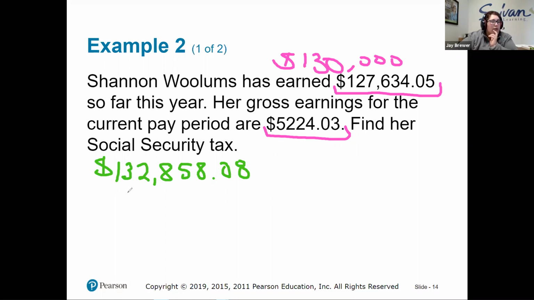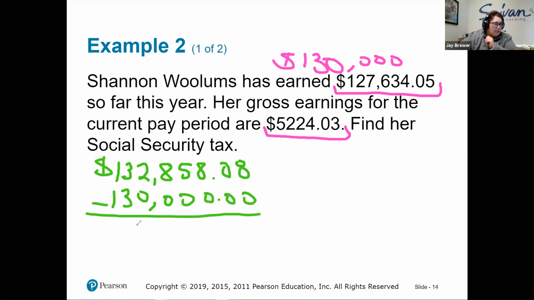So now we know that the first 130,000 we're going to multiply by the 0.062, but we are also going to have to figure out the portion at a higher amount. So 2,858.08 is what she's earned over the $130,000 mark. So that amount will be multiplied at a higher tax bracket.